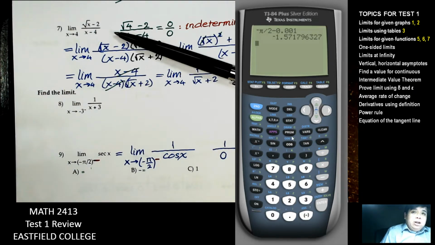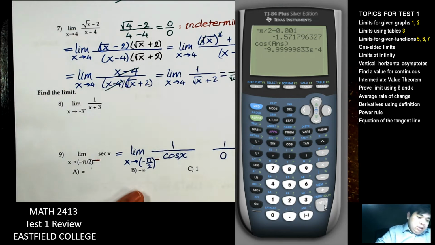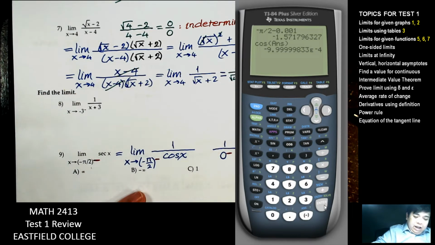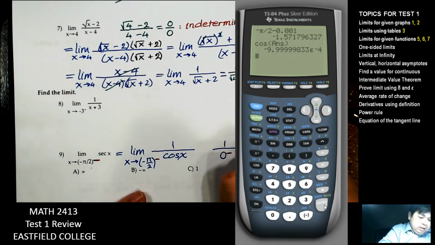Now the cosine of that number is negative. So this is negative, and ends up being negative infinity.